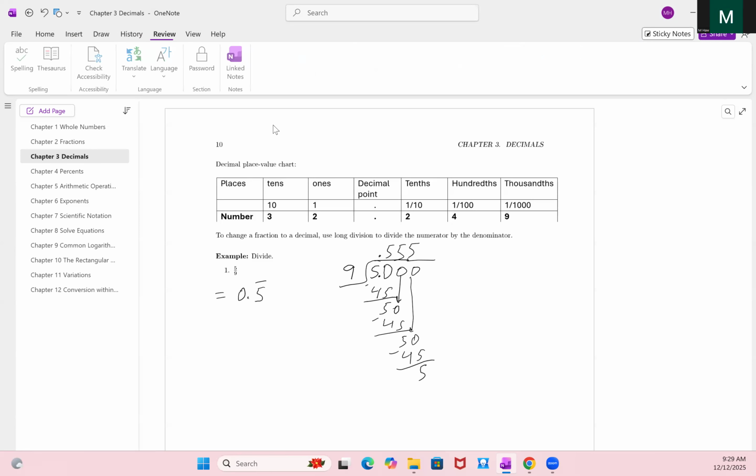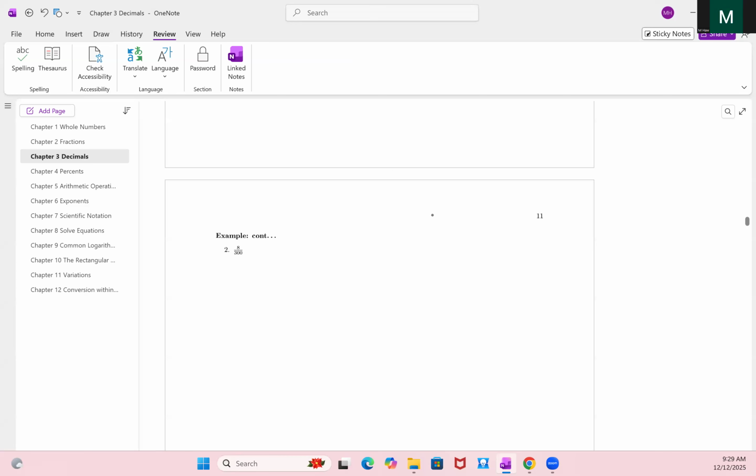So let's look at another number. Let's divide 8 by 300. 300 does not go into 8. So we have a decimal point here. We put that decimal here, and we put a 0 here. 300 doesn't go into 80.